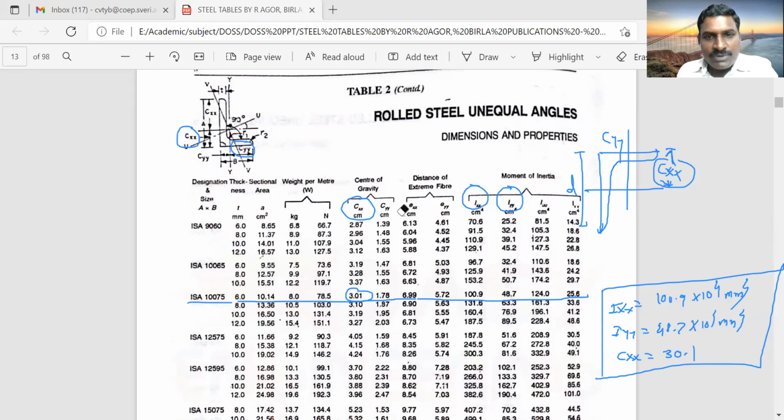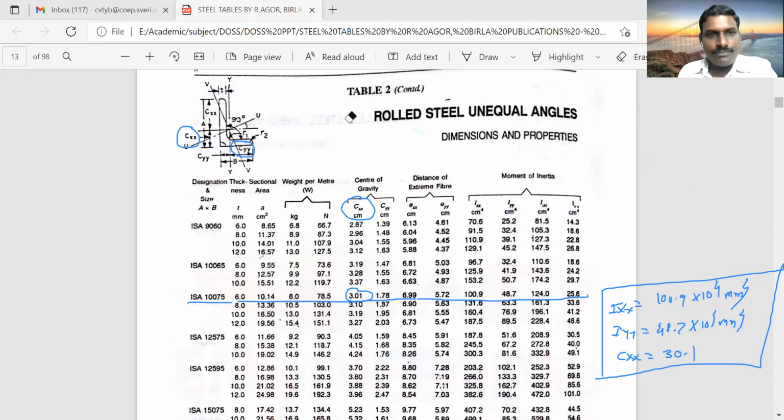Okay, so instead of CYY, we have to take CXX here. Write down these values IXX, IYY, and CXX. Have you written this? Yes, sir.